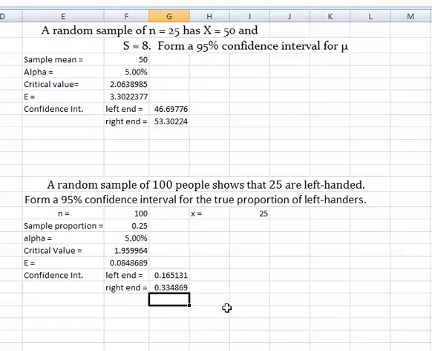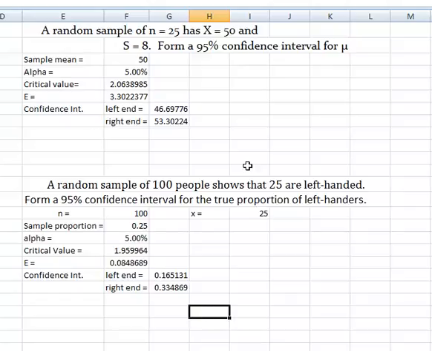So the confidence interval for left-handers is between 0.17 and 0.33. Let me double check: that's 0.25 minus 0.085. Yes, that's correct.